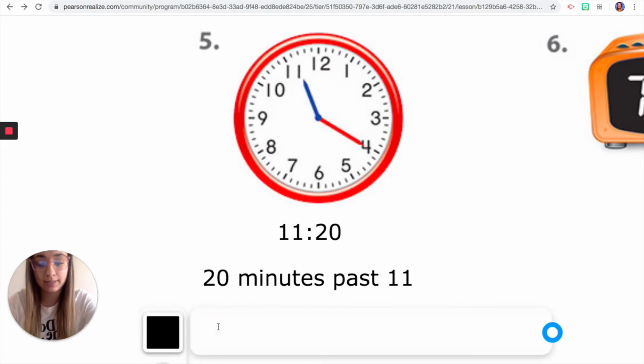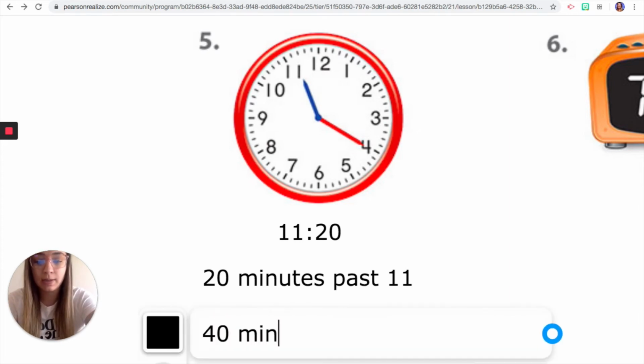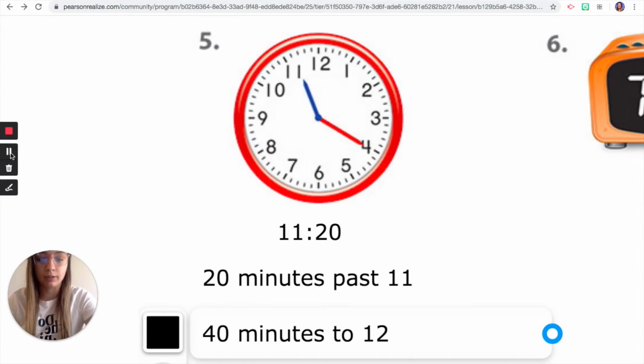So we can say that it's 40 minutes until 12, because 12 is the next hour. So actually, instead of writing until, I'm going to write the word to. So I'm going to say it's 40 minutes to 12. So there will be 40 more minutes until it gets to the hour 12 o'clock.